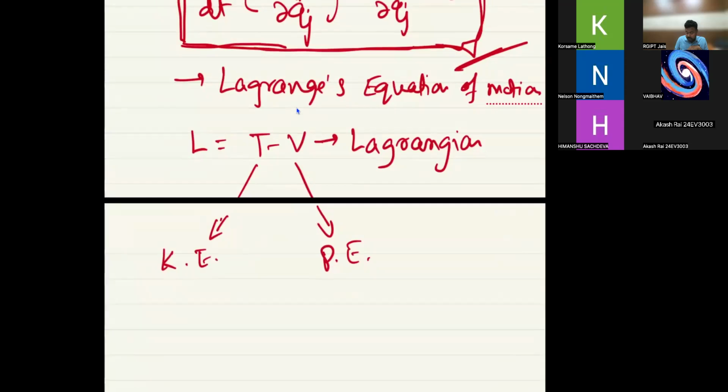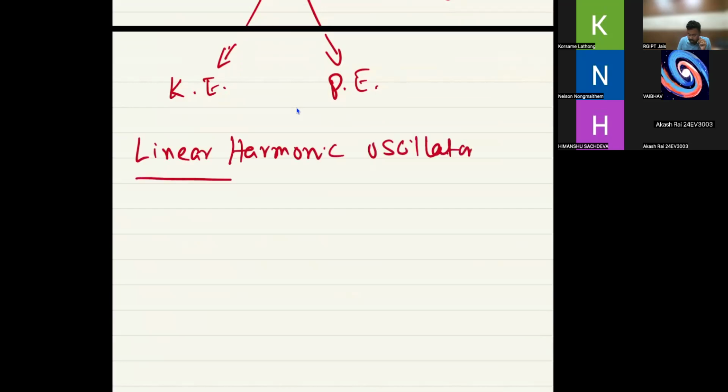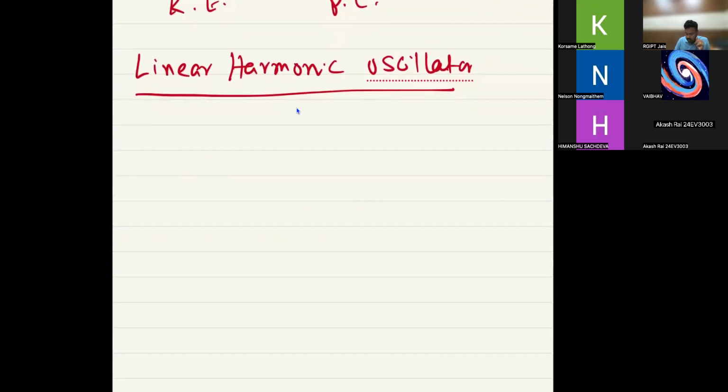So I'll give one example of how to solve a problem using this. In the next class we'll do several problems to get you familiarized with Lagrange's equation of motion. Today I'll give you a quick example. Let's say you have a linear harmonic oscillator.